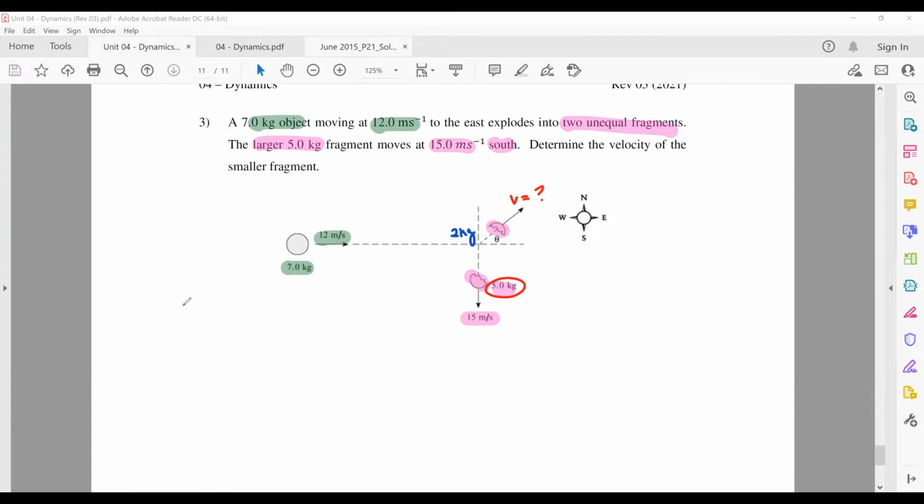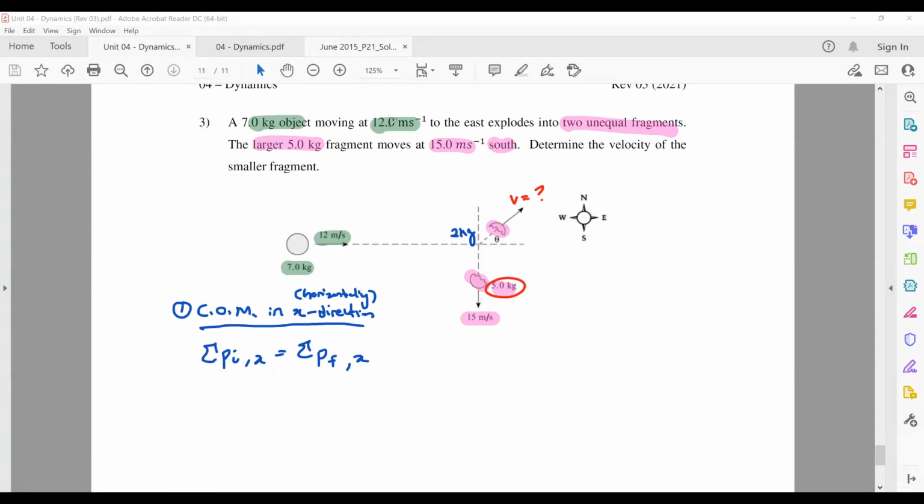So right now, if I say conservation of momentum in x direction, or horizontally, sum of initial momentum is equal to the sum of final momentum in the horizontal direction.